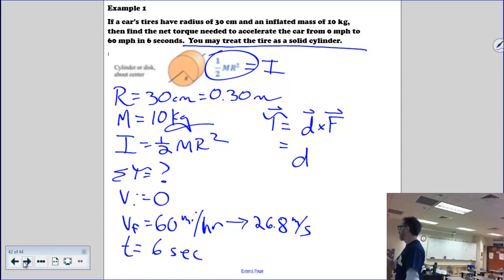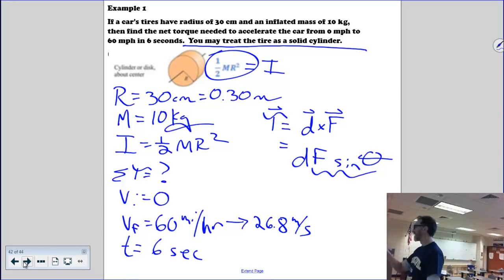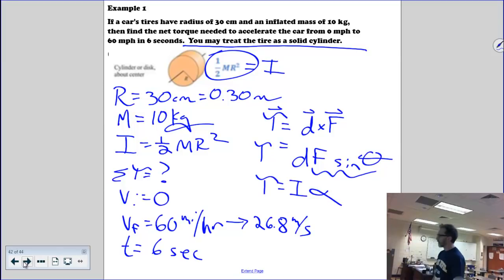For us, this is just d times F times the sine of the angle, because this gives us the component of the force that's perpendicular. And then we've also learned this new one, which is torque is I alpha. I guess we can assume that there's just one torque on this, so here's our net torque.